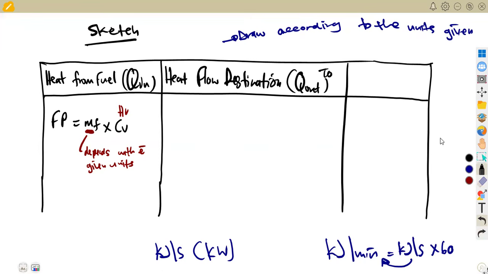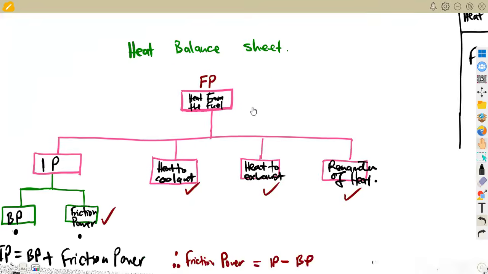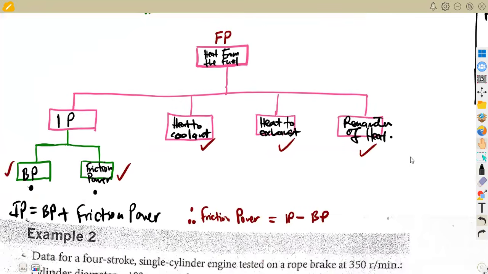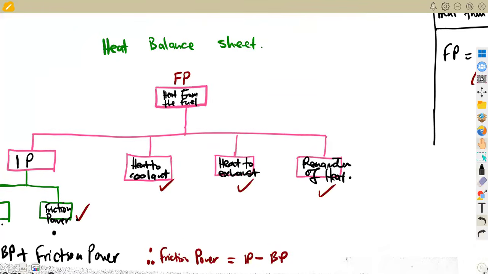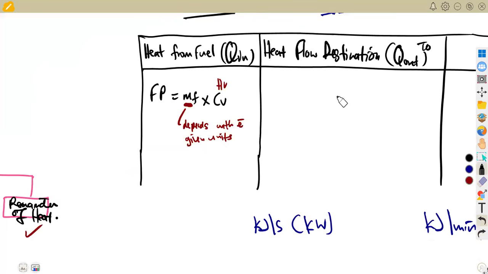As we saw, the powers or energies that we are given, the heat that we need, will be the brake power, the friction power, and so on. Remember, they build up to give us the indicated power. So it is built up of the brake power and the friction power.